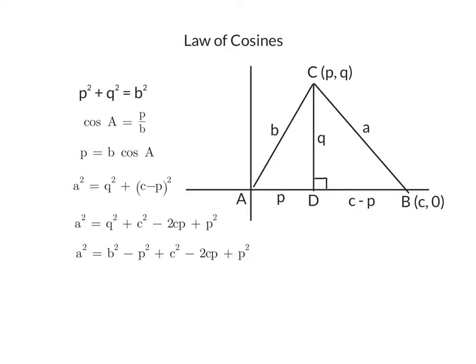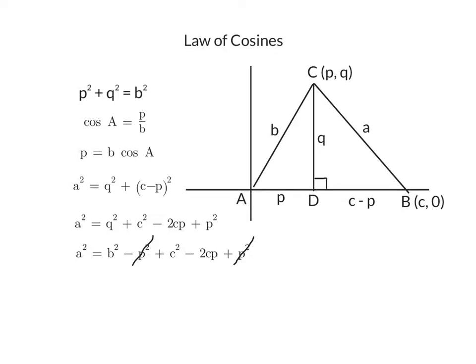Now, if you look at what we've got here, you'll notice that we have minus P squared and plus Q squared, so we can simplify this by simply canceling those two out, which yields B squared plus C squared minus 2CP.